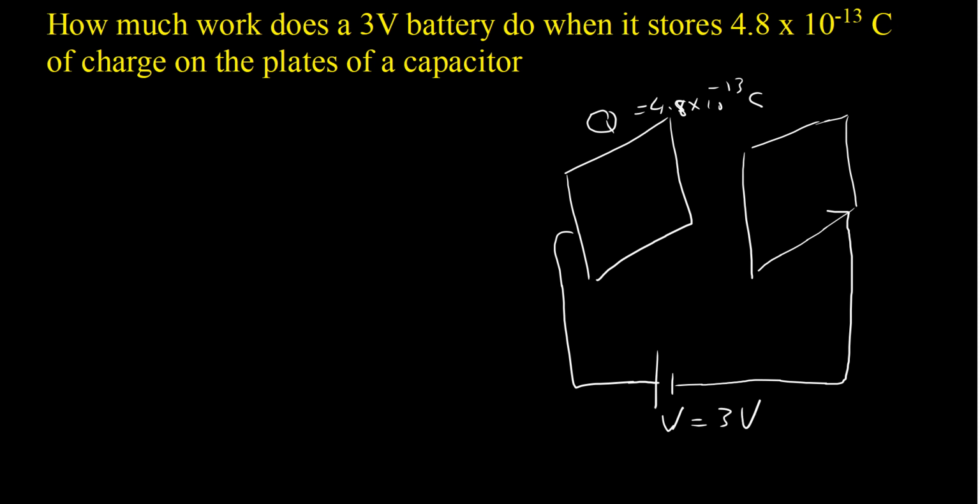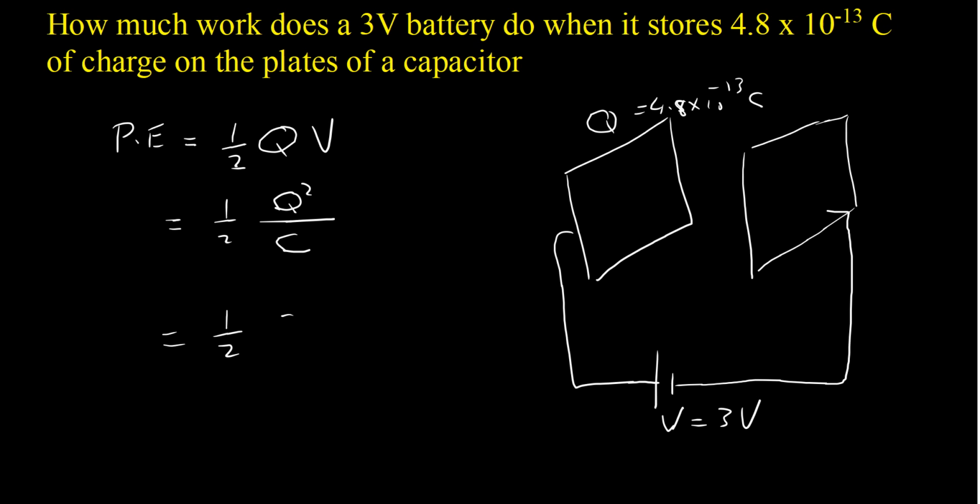All right, so we have 3 different formulas for the potential energy or the work, we can mention them quickly here. We said the potential energy is half QV, or I can say it is half Q square over C, or I can say it is half CV square.